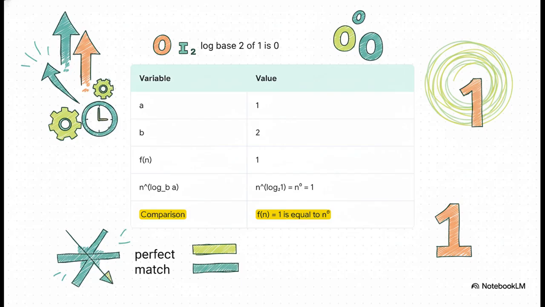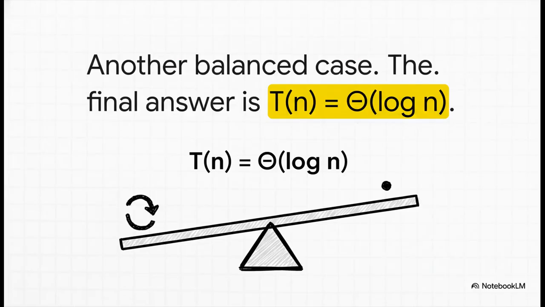Log of 1 is 0, so that's n to the power of 0, which is just 1. And look at that, we're comparing 1 with 1. It's another exact match. So we're in case 2 again. The final complexity is our critical value, which was 1 times log n. So it's just theta of log n. And boom, we just proved why binary search is so famously fast in about 30 seconds.